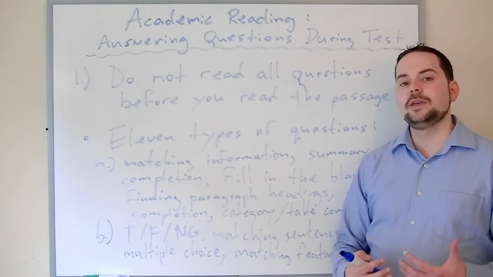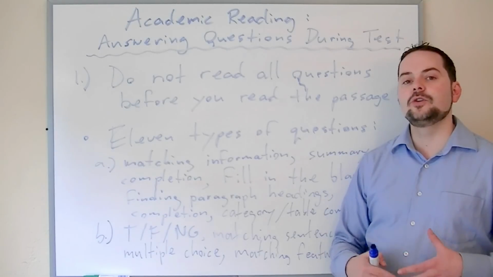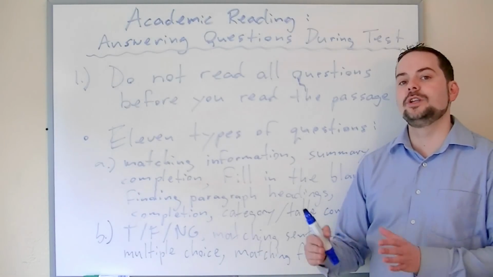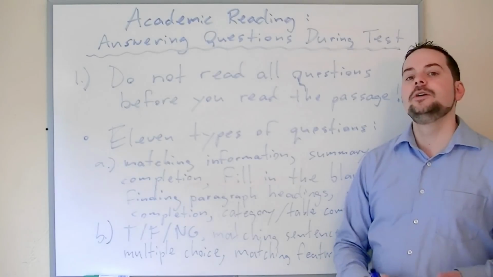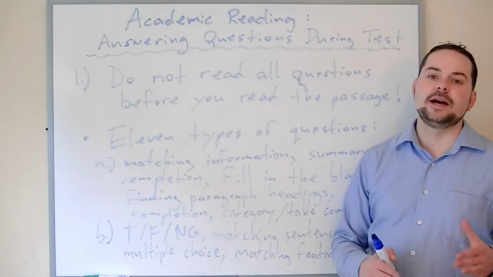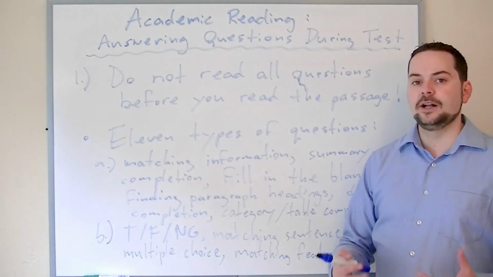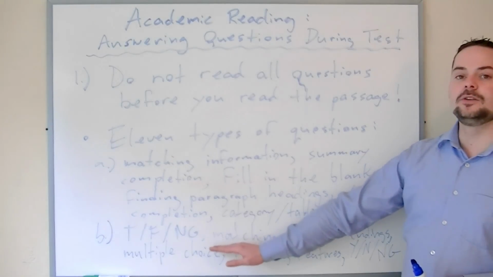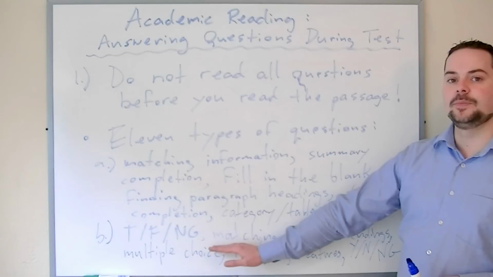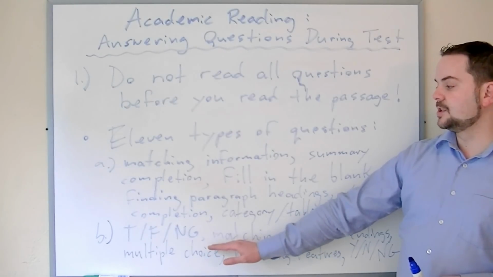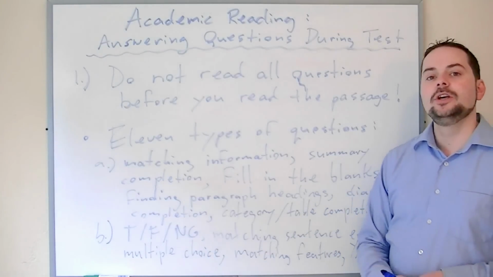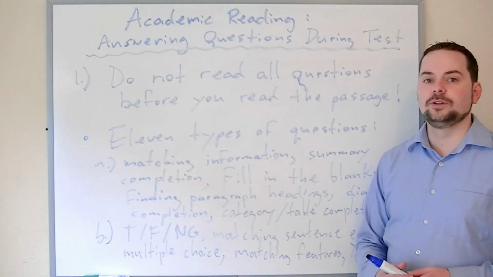Now, the way that the people who make the IELTS increase the difficulty of each passage, so passage 2 is more difficult than passage 1, passage 3 is more difficult than passage 2, is by putting more questions like this into passage 2 and passage 3. So when you have more questions which have false or not given information, the questions become more difficult.